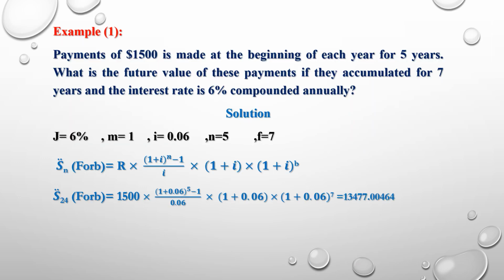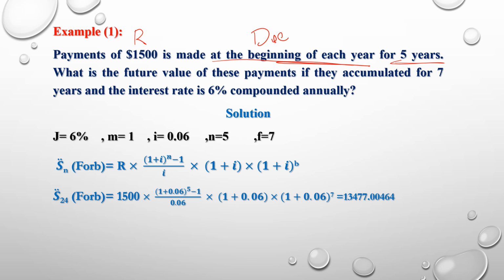Example 1, payments of $1,500 is made at the beginning of each year. So in this example, the payment, which is R, equals $1,500, and is made at the beginning of each year. So this is a due annuity, not ordinary. And these payments are made for 5 years, and it's an annual annuity.